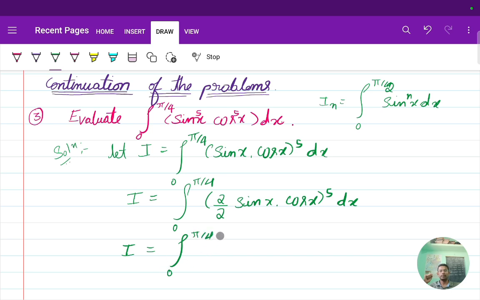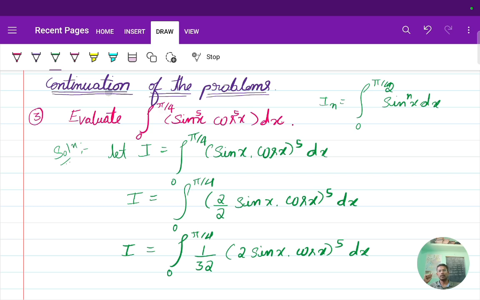I will take this 1 by 2 power 5, that is 1 by 32, outside and I will write 2 sin x into cos x whole power 5 dx. Did you understand?